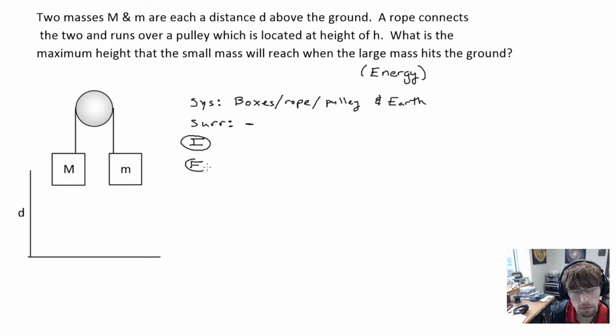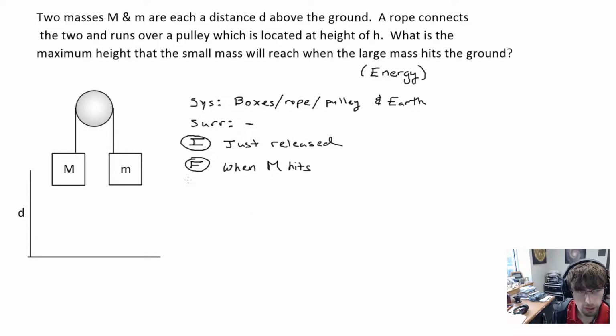So I'll put initial and final here. The initial state is just released. How about the final state? I'll say when M hits. Okay. So right when M hits the ground, that's my final state.